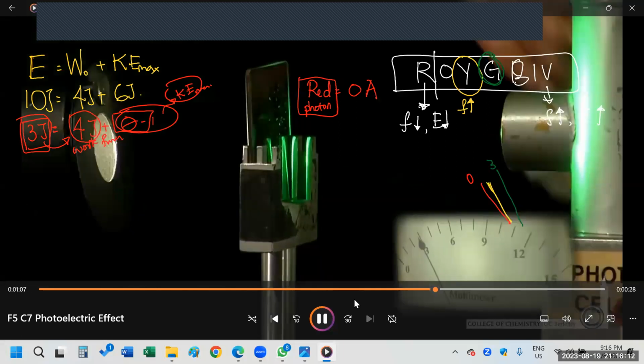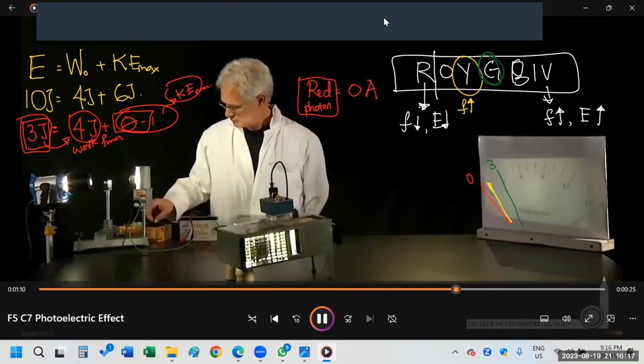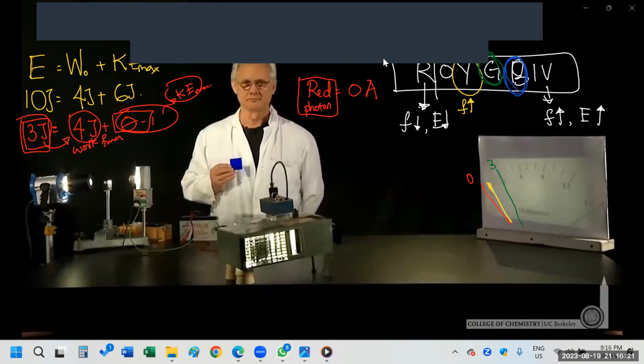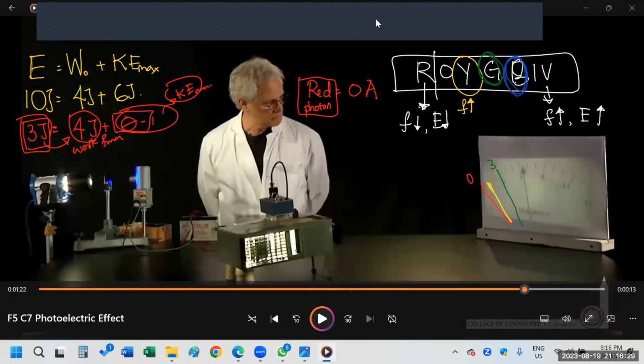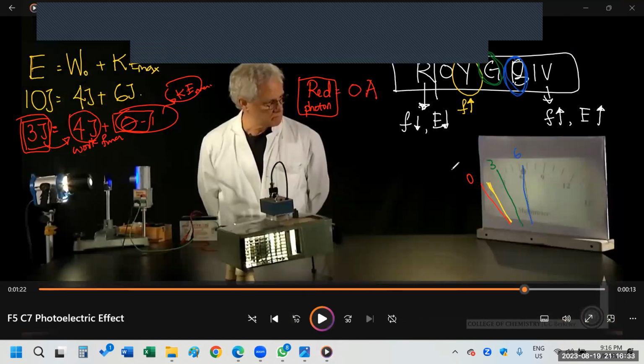Now we can still go to higher energy photons. Blue photons, photons in the blue region, are the highest energy visible photons, and Lonnie has a blue filter that will pass only blue photons. Putting the blue filter in the path, now you can see blue is here, around 6.